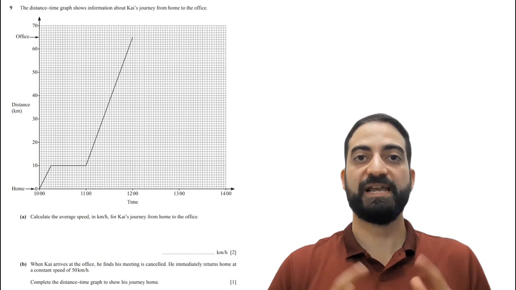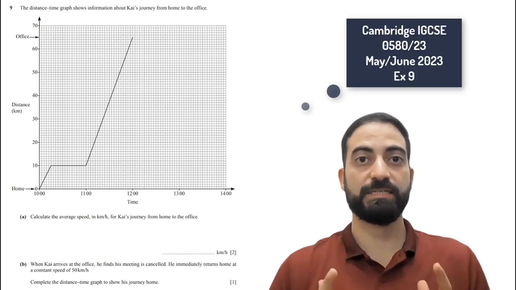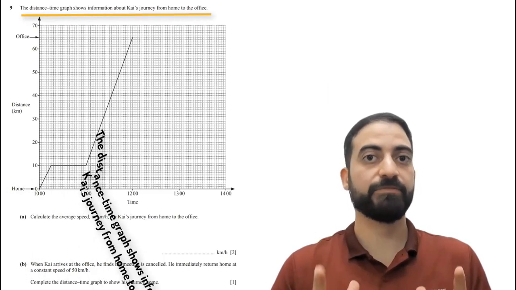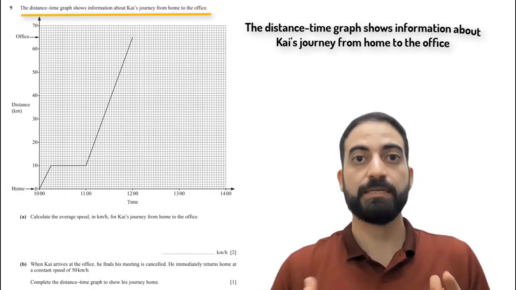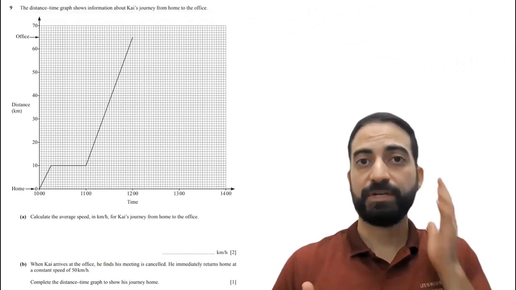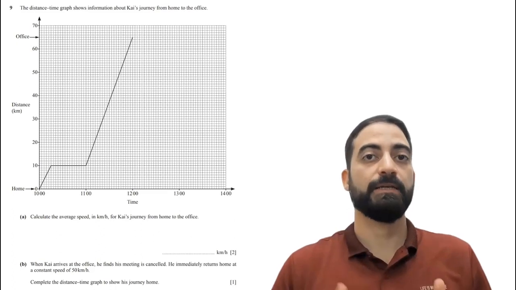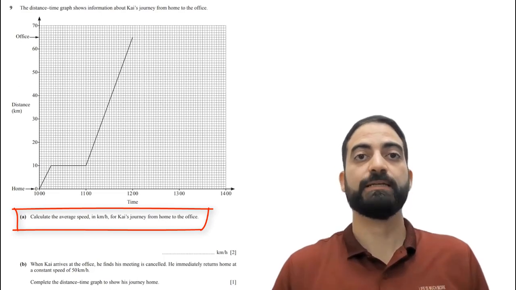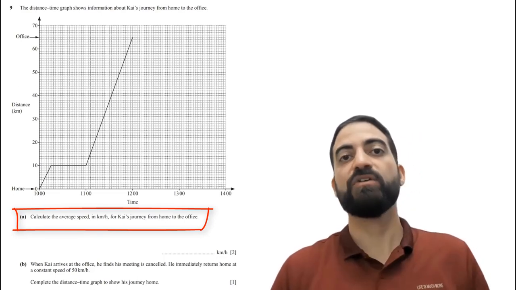We'll solve the 9th question of the Cambridge IGCSE 2023 competition. In this question, it tells us that the distance time graph shows information about Kai's journey from home to the office. What is required of us in part A is to calculate the average speed in km per hour for Kai's journey from home to the office.